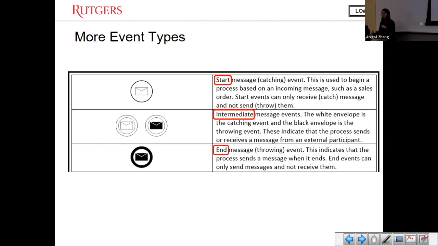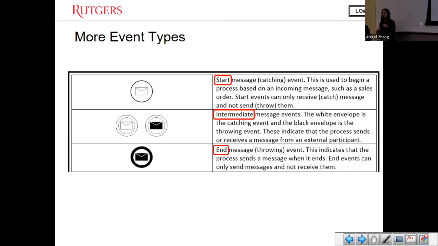And if a process ends with sending out a message, then we can just use a bolded circle with a solid envelope inside. And for any message events in between, we use these intermediate message events.